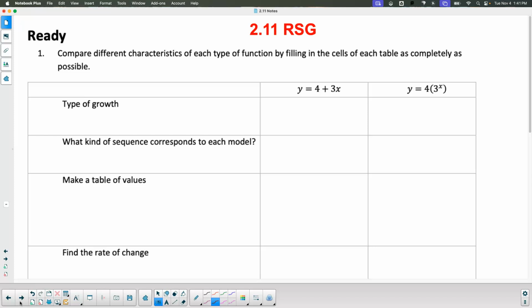On the front side of 2.11, what you're doing is finding what type of growth it is. Here we're adding, here we're multiplying. What kind of sequence is this one?